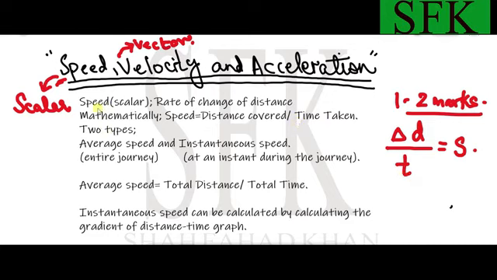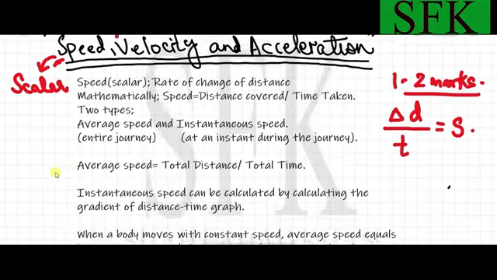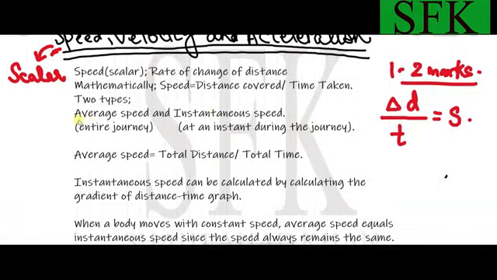Okay, the speeds are of two types: average speed and instantaneous speed. Average speed is the speed that is calculated for the entire journey, whereas instantaneous speed is the speed that is calculated for an instant during that journey. For example, if a car is moving from a point A to a point B and then it moves to a point C, moving from A to B, the time taken is let's say 10 seconds.